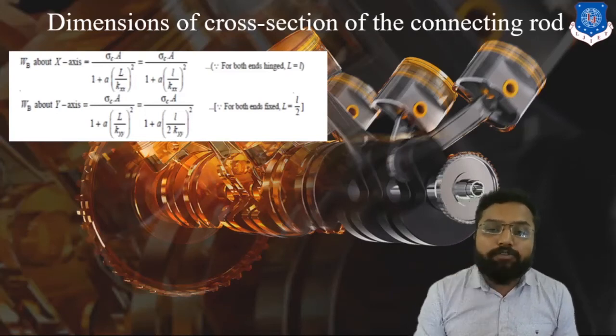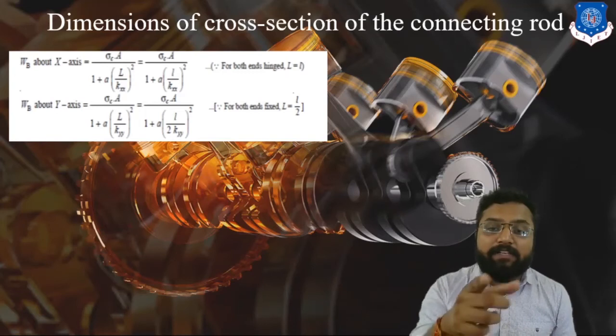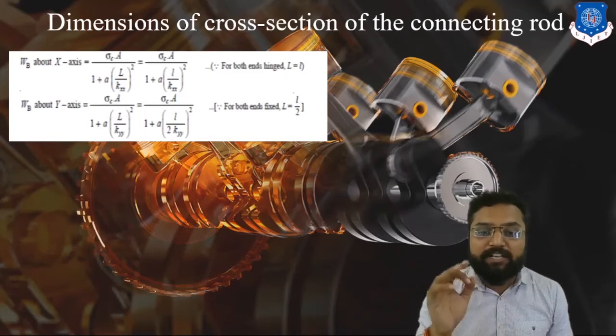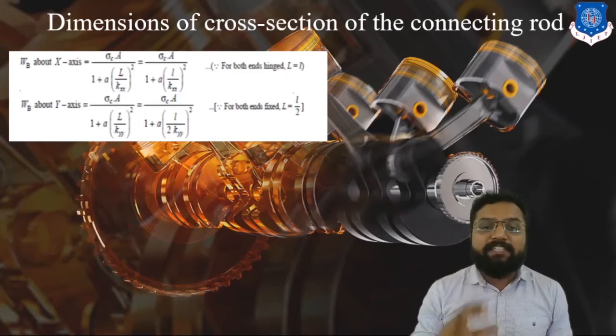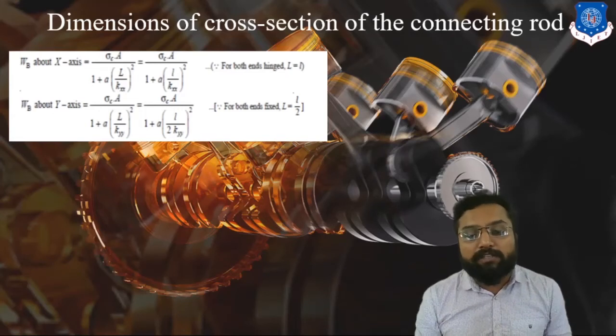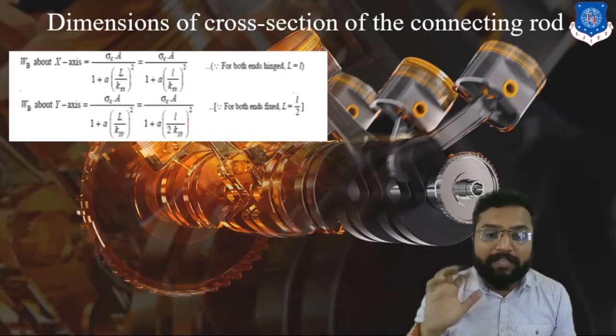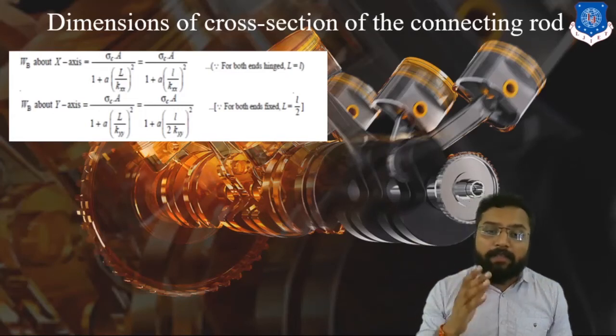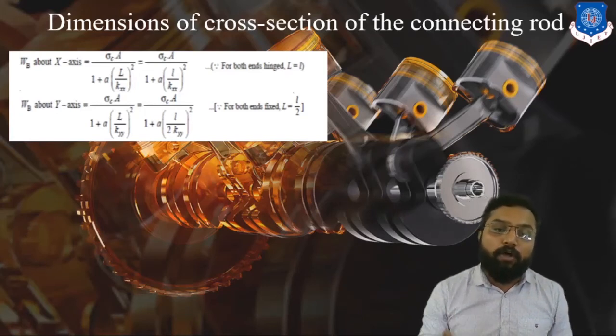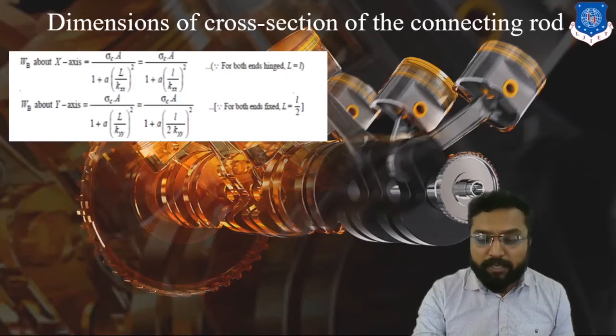So according to this Ixx and Iyy, we have considered kxx, which is the radius of gyration, and kyy, whichever is higher we are going to design for that only. Clear? Because the higher the load, it will try to buckle on that cross section area.